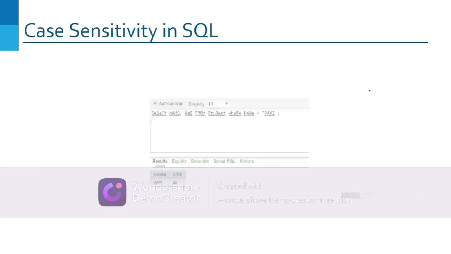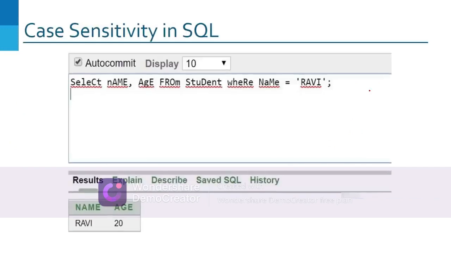Let's move and see one of the examples. If I'm writing select name, age from student where name equals RAVI, you can see select is a keyword, it's case insensitive. I've written it in a very different manner here. Name, age, these are fields. From is a keyword, student is a table name, where is a keyword, name is a field.